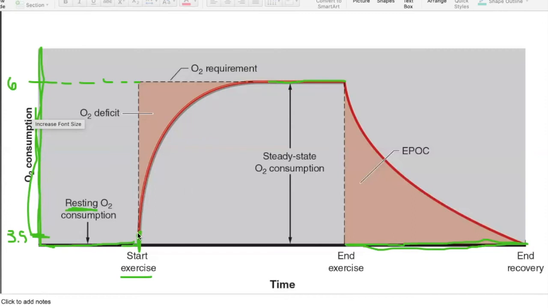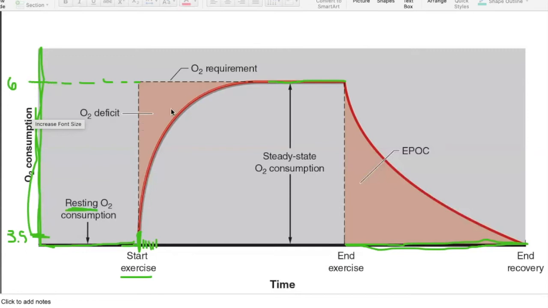So when I start the exercise, even though the amount of oxygen that I need is 6 units, I've only walked now for like 5 seconds, now 10 seconds and 15 seconds. Eventually my heart rate, my breathing rate's going to go up. But in these beginning moments, my breathing rate is still pretty low, but the amount of oxygen needed is higher because I'm walking now.